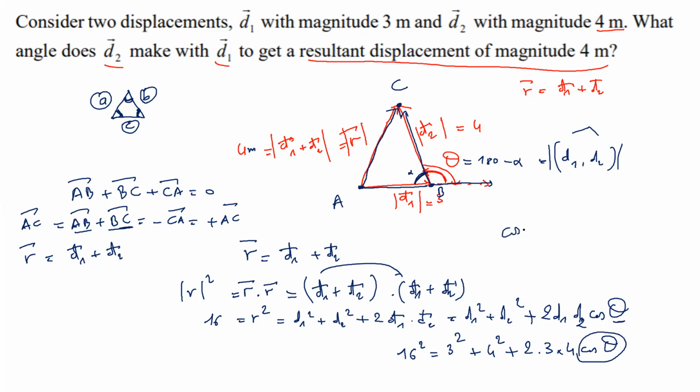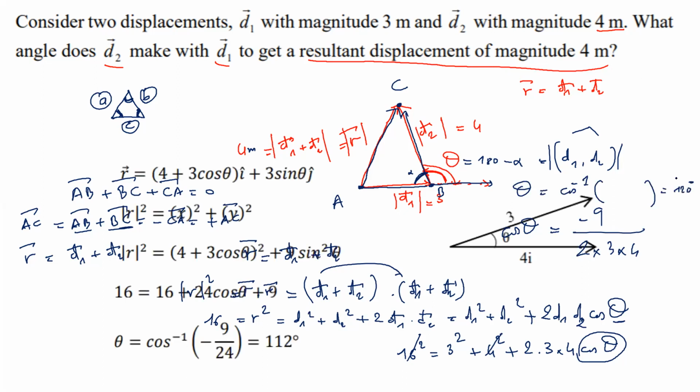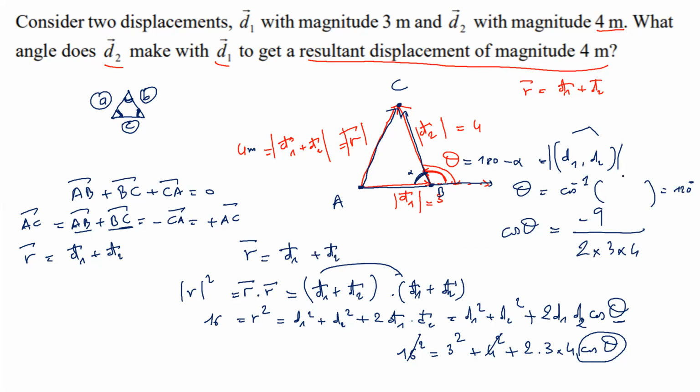Okay, so cosine theta will be, of course, the 16, and the 16 will go away. So we will have minus 9 divided by 2 times 3 times 4. And then you got theta is cos inverse, and you will get it. It will be 120 something, or 111, I believe. Yes, 112. Okay?